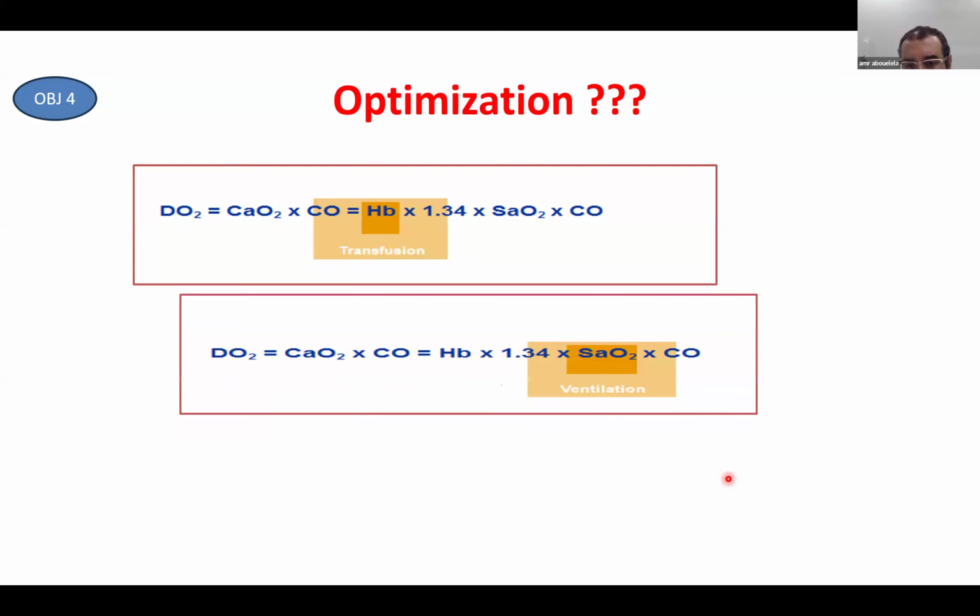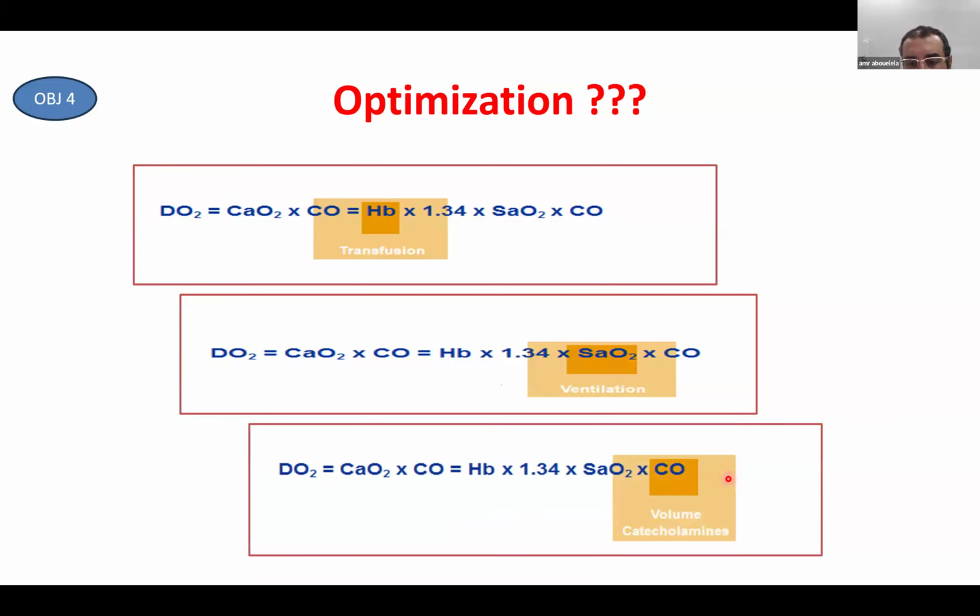Again, saturation: if you have a problem in saturation, it's very easy to control by starting mechanical ventilation or improving the oxygen to keep the saturation all the time between 99 and 100, again to optimize the oxygen delivery. And of course, the third player in the game is the cardiac output.